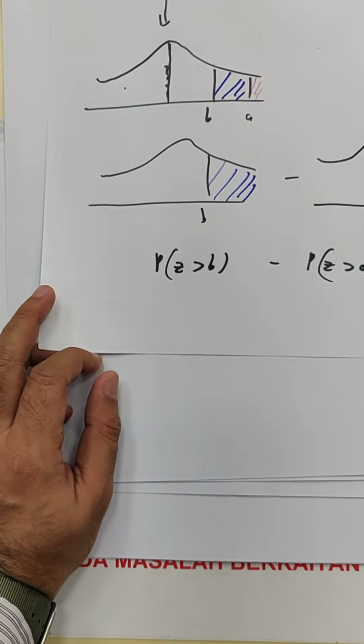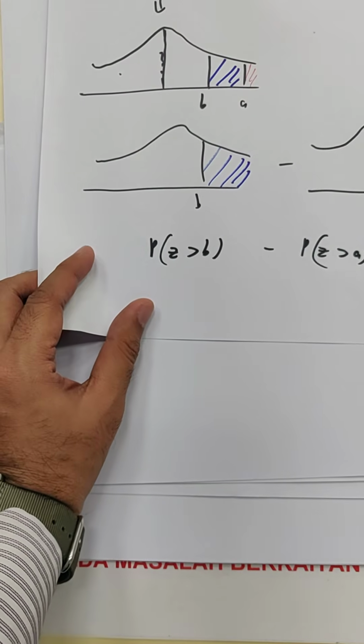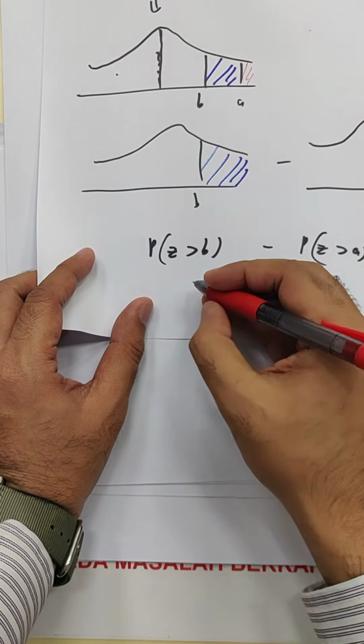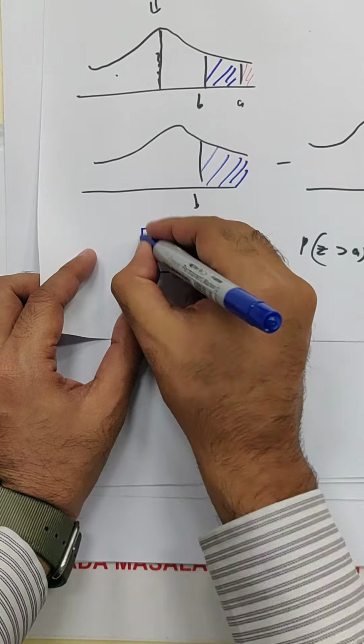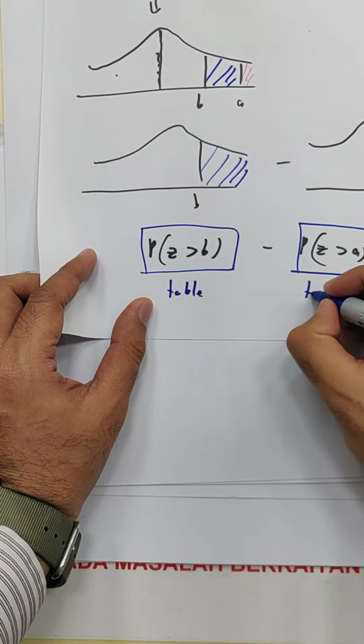Understand? Step by step. Don't need to go too fast. And how do we read from here? You just read it directly from the table.